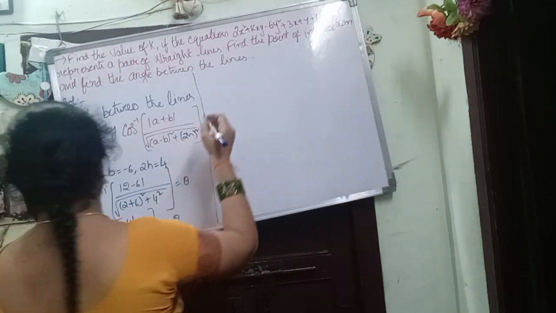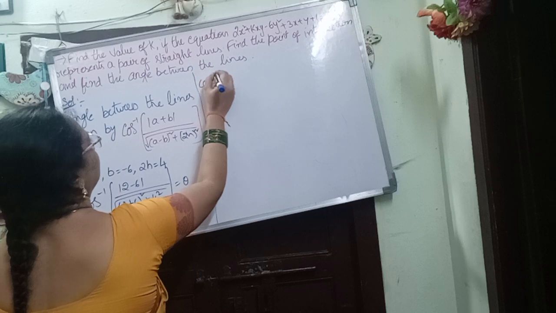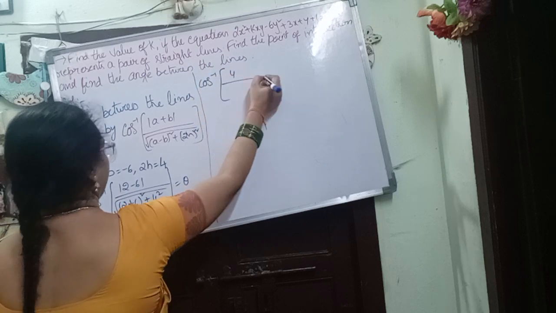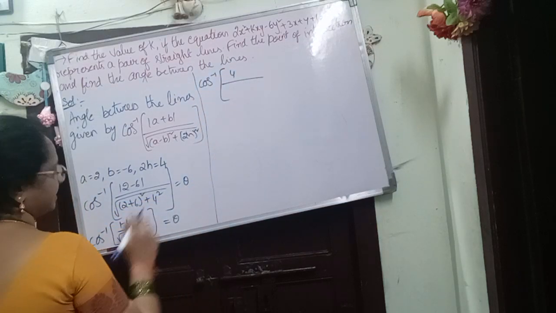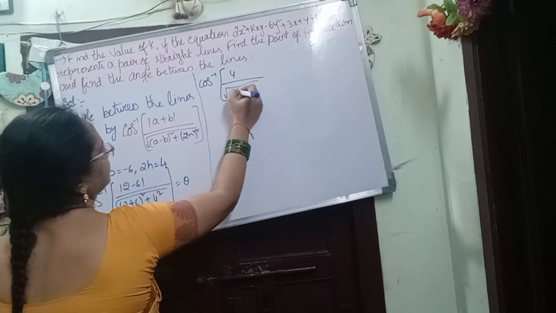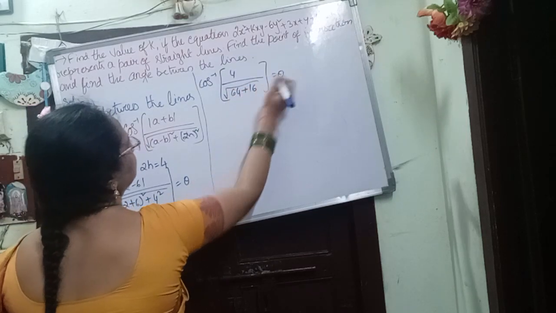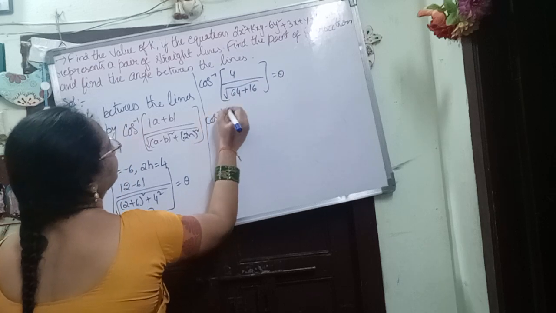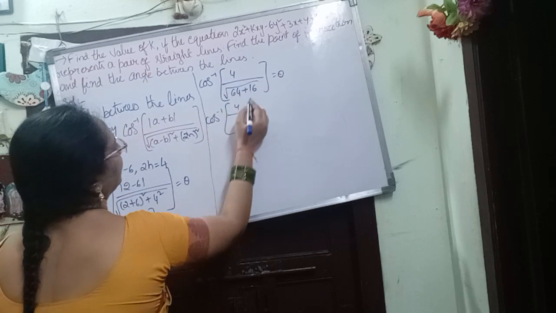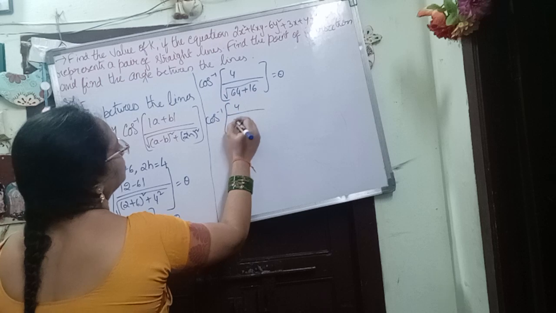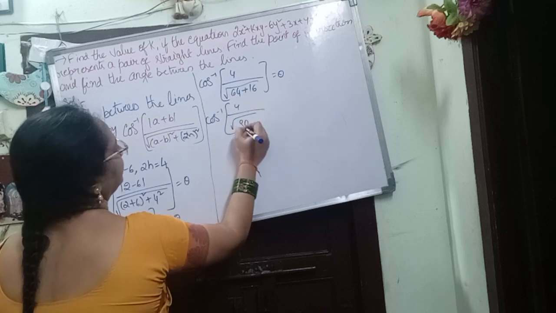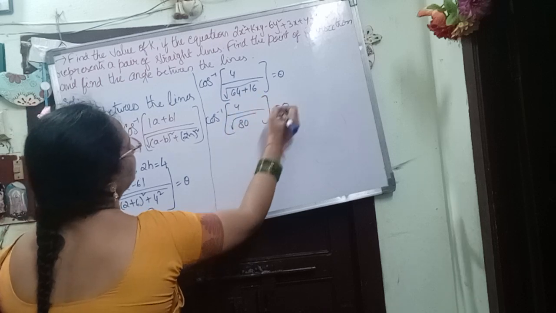Okay. So cos inverse 4 by, 8 square is 64, root of 64 plus 4 square is 16, equals theta. Cos inverse 4 by root of 64 plus 16, that is 80.